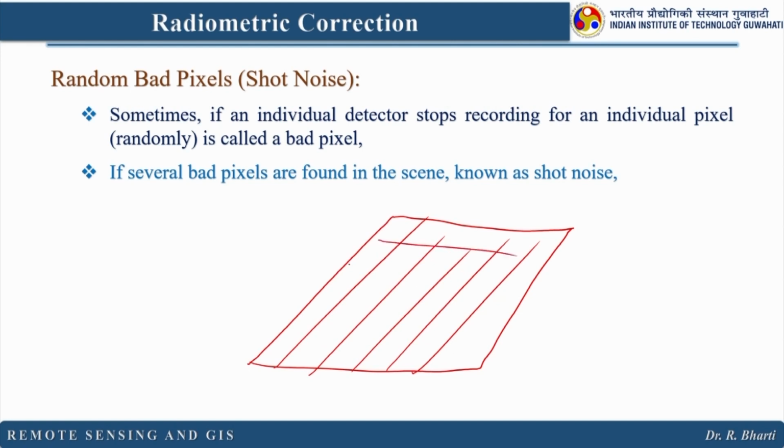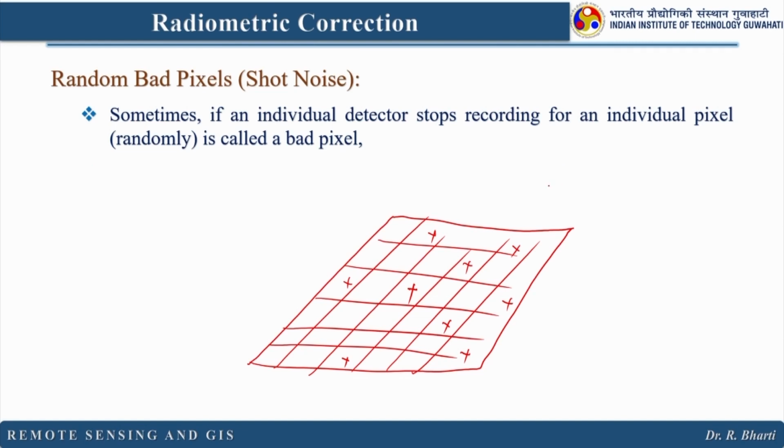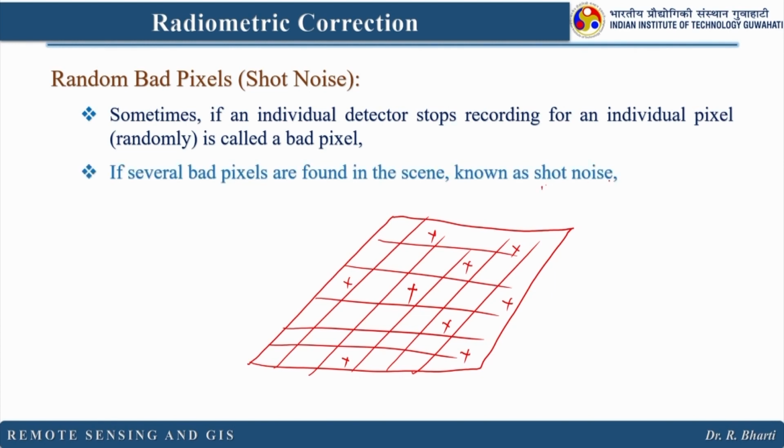But what is happening here, in random bad pixel you had only one no-value pixel, right, but here you may have several no values distributed in this particular image, right. So that is different from your random bad pixel, because there you had only one bad pixel, but here you have several bad pixels. So that is known as shot noise, right.